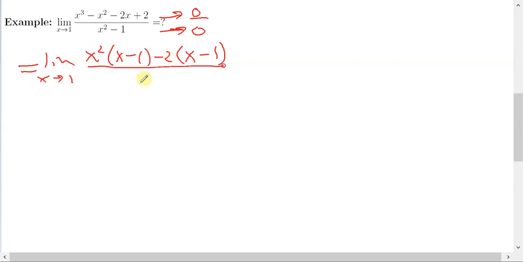And then I'll finish the bottom here in a minute. I can factor this x minus 1 out of these 2 groups. The x minus 1 comes out, because that's a common factor. What's left is x squared from the first group, minus 2 from the second group.